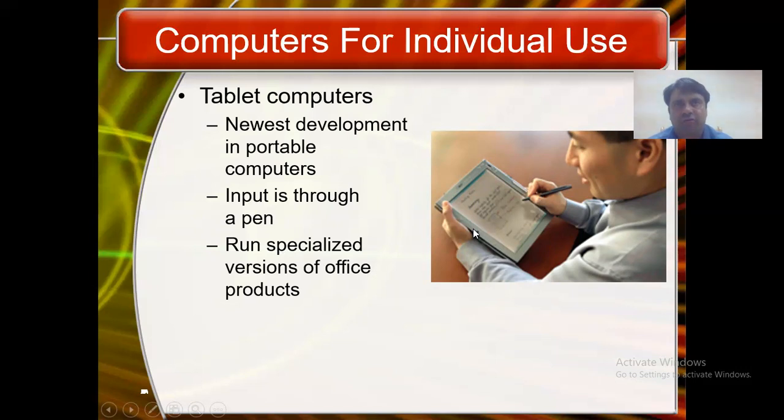Normally, these are not the versions which are used in your desktop or laptop version of the computer or workstation. They have a specialized form of Office, which is smaller in size after installation. So the fourth form of computer which is used for individual use is your tablet computer.